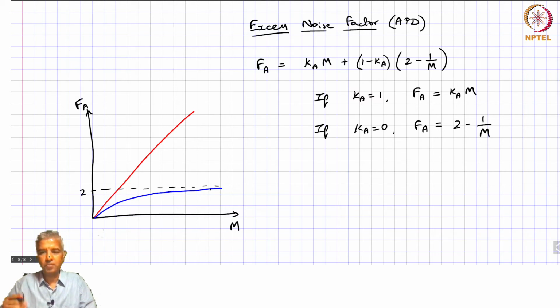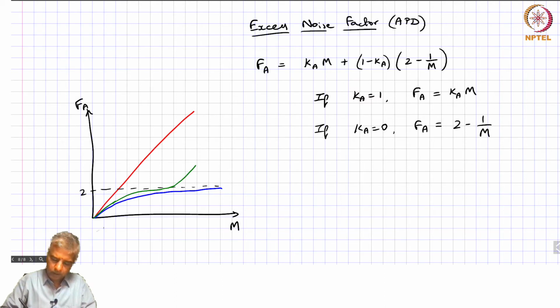So, for example, if we consider silicon, it has got a Ka of 0.1. So, let us actually look at how Ka of 0.1 would look. Well, that would be closer to 1 for low values of m, but as you go to higher values of m, it is going to start being parallel to this other line.